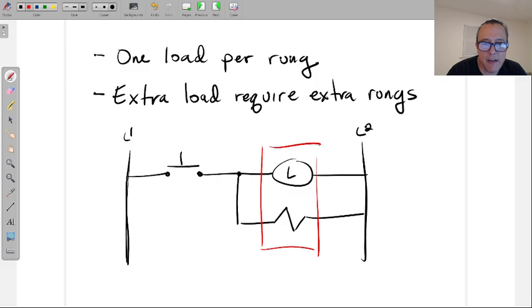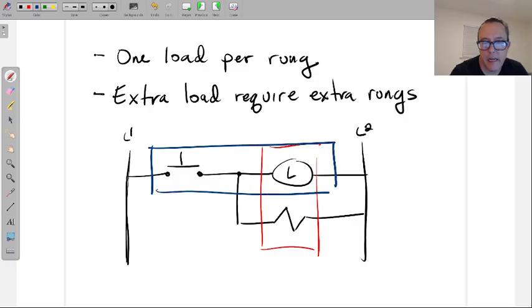All right, in a ladder diagram, when two things are side by side, the push button and the light are in series with each other. So if two things are on the same rung, they are in series.